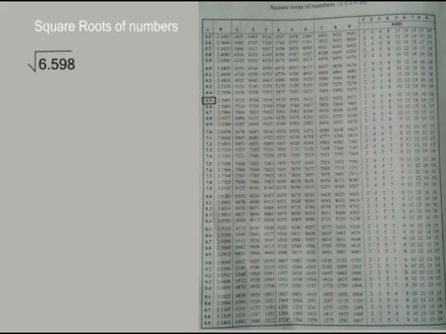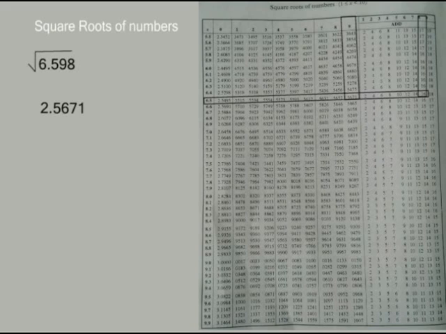So we go to the column of 9. They coincide here. The number is 5671, but it has to start with 2 point, so it's actually 2.5671. In the add column, we go to 8. The number here is 16, and so we add it to the first reading. So we have 2.5687. That is the square root of 6.598.